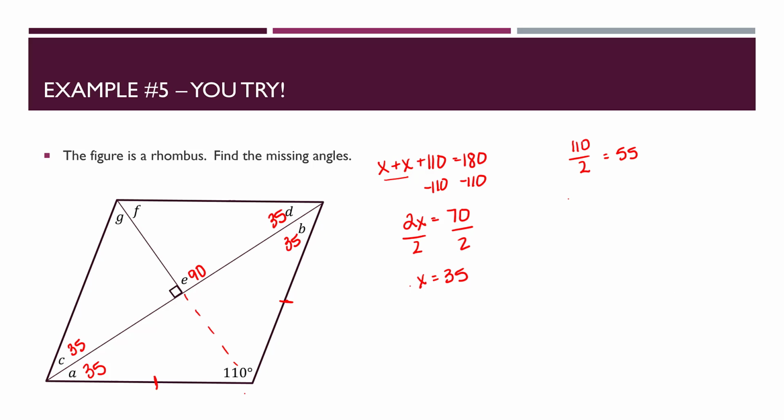Or if you want to use triangle sum theorem, F plus 90 plus 35 equals 180, and then solve from there. Either way, you end up with F equals 55 degrees, which means G is also 55 because that angle is bisected, so each side has to be congruent.